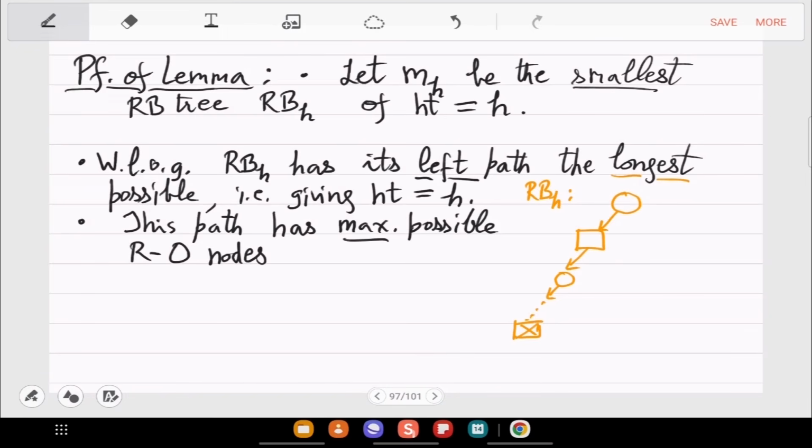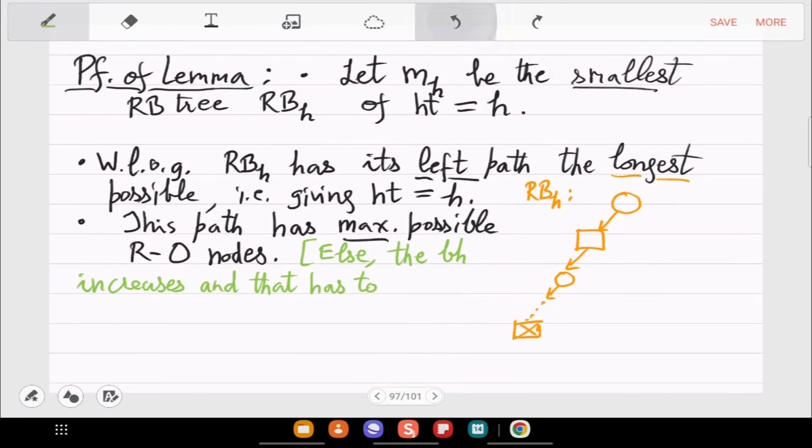Because if you miss even one, else the black height increases, and that has to be maintained for all other leaves.